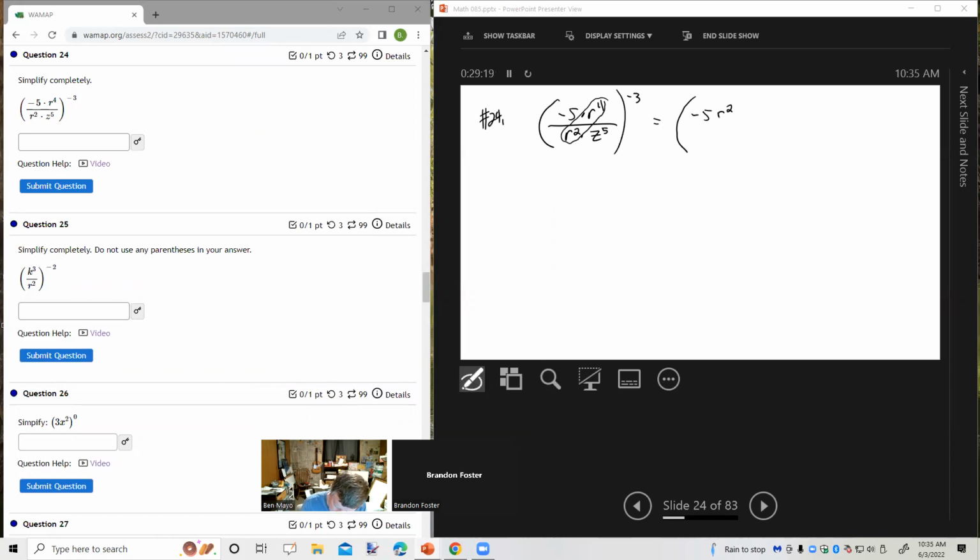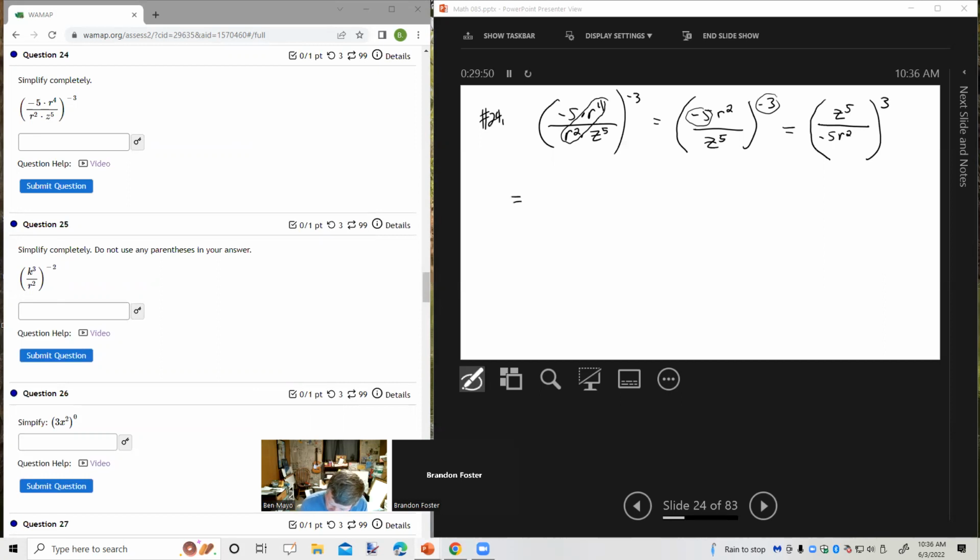So r to the 2nd power. So I get that. Then I can take the reciprocal of the quotient inside the parentheses and that changes the sign of the exponent. Now, it doesn't change the sign of this coefficient. It just changes the sign of the outside exponent, okay? So that's still a -5 in the denominator.